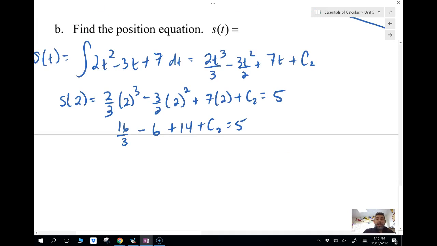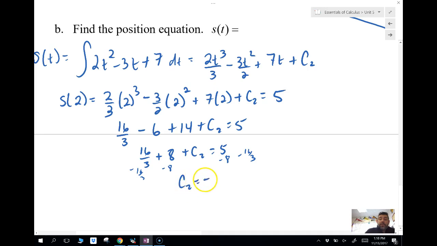So what's the easiest way to do this? Let's put these together, and we get 16 thirds plus 8 plus c2 equals 5. We're going to subtract 8 and subtract 16/3 from both sides.